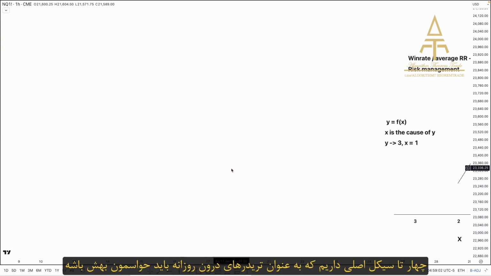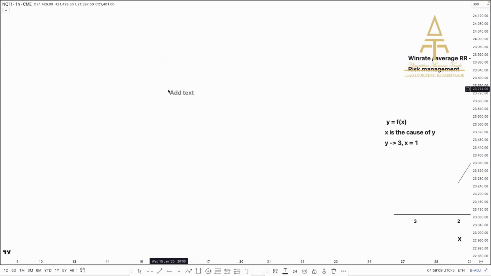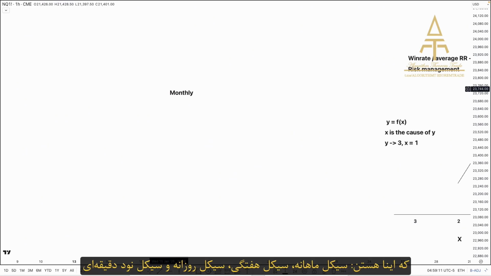So there are 4 main cycles that we will be paying attention to as intraday traders, and these are the monthly cycle, weekly cycle, daily cycle, and the 90-minute cycle.